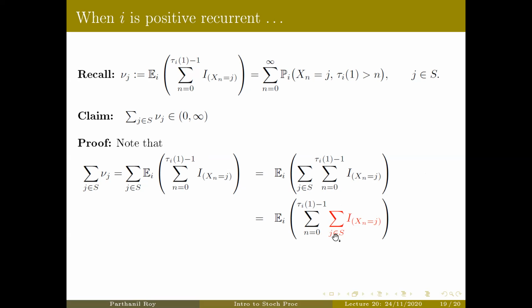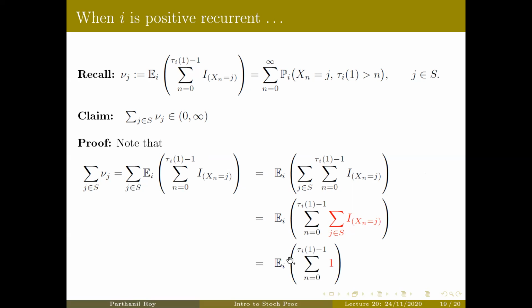For every fixed n, X_n only takes one of the values in the state space at a time. So exactly one of these indicators would be 1, and all the others would be 0. So this inside sum is identically equal to 1.